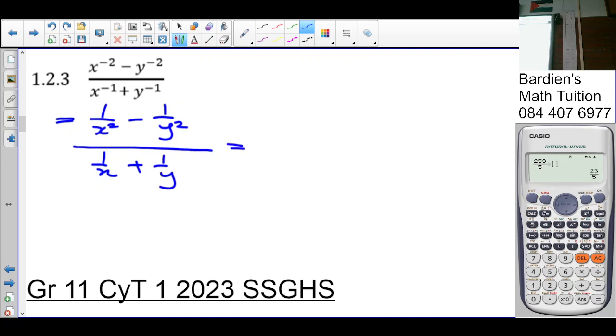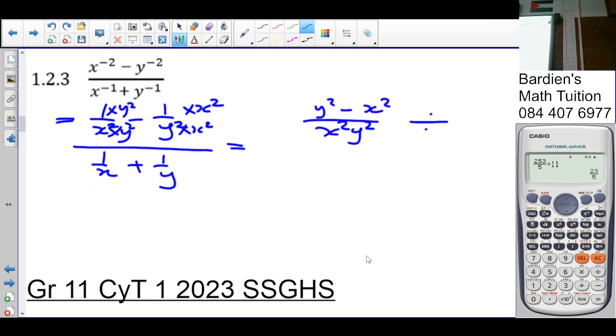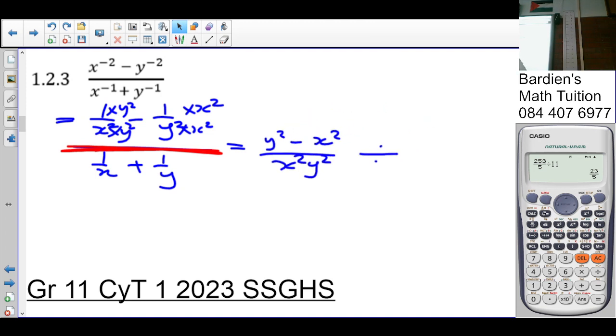What's your LCM in the numerator? x squared y squared. So this was multiplied by y squared, that was multiplied by x squared. So you get y squared minus x squared, which must be divided by what?